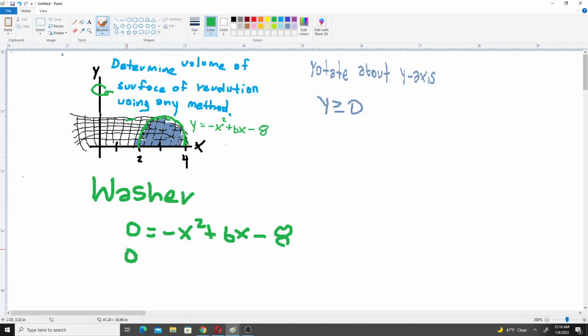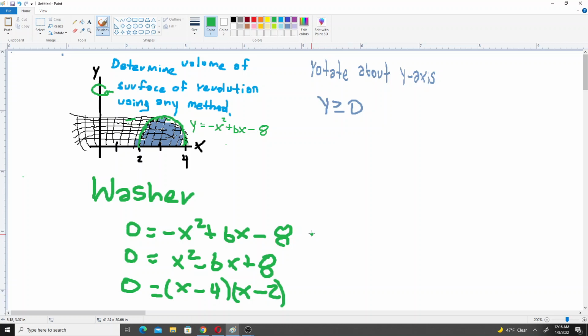Divide by a negative, and you get x squared minus 6x plus 8. Then you can factor this into x minus 4 and x minus 2. So we know our roots now: x is equal to 4, and x is equal to 2.